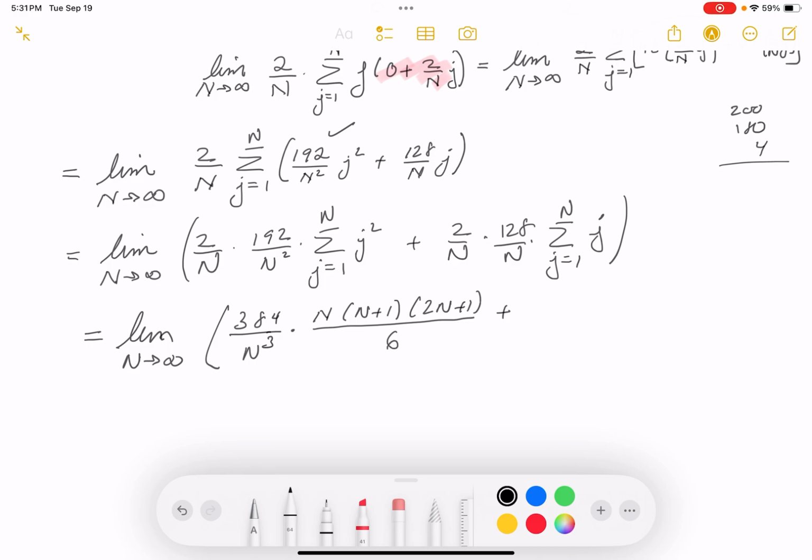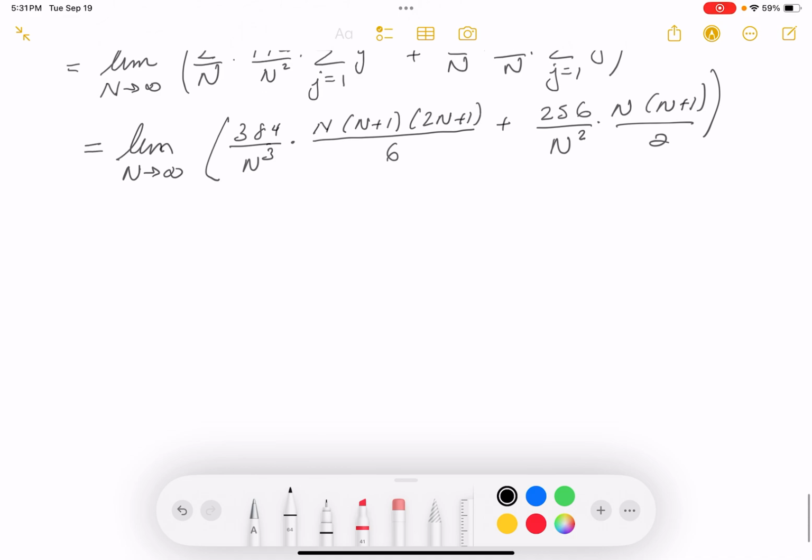Plus, that's going to be 256 over n squared, and the sum of the integers from 1 to n, that's a big N, is going to be n plus 1 over 2. That looks like a tough limit to do, but it's really not going to be that bad. So I'm going to do some arithmetic over here, and I'm going to erase it after I do it, but I'm going to do 6 into 384.